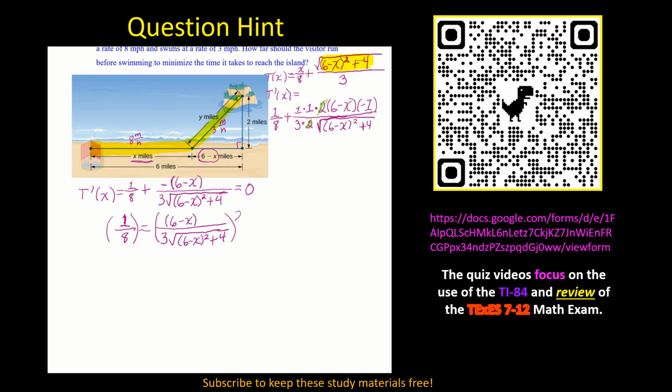And I've tried this problem a couple of ways, and this is probably the best way and the fastest way to deal with this. So this gives us 1 over 64, and that would equal, well, that gives us 6 minus the x, 6 minus the x squared.